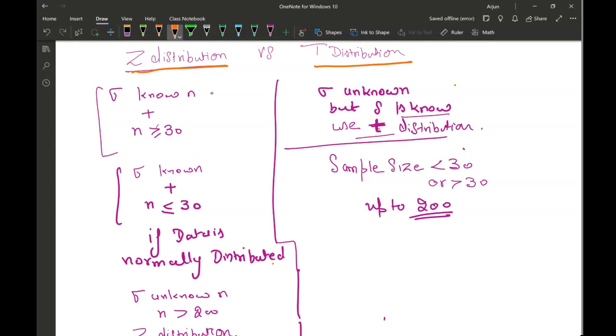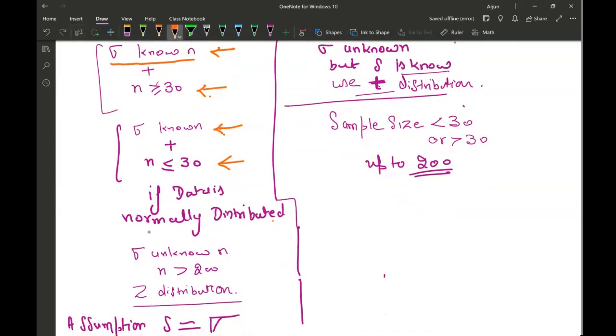So in a given question, if the population standard deviation, which is sigma, is known to you and the sample size is greater than 30, flat out go for the Z distribution. Another case can be if the population standard deviation is given to you, but the sample size is less than 30, then you will be given the condition that the data is normally distributed.